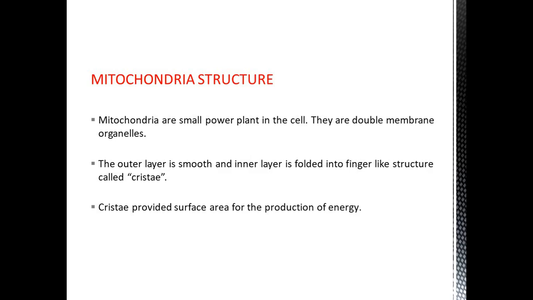Now mitochondrial structure. What I showed you in the image I have written here. So let's discuss. Mitochondria are small power plants in the cell. They are double membrane organelles, that is inner and outer. The outer membrane is smooth, and the inner layer is folded into finger-like structures called cristae.